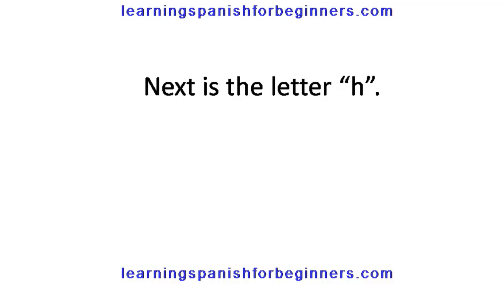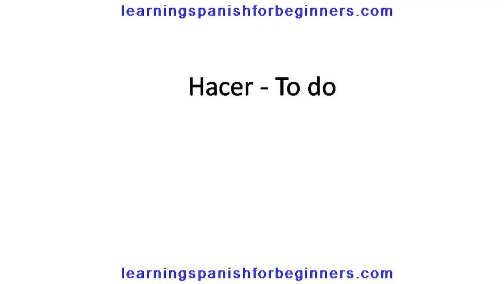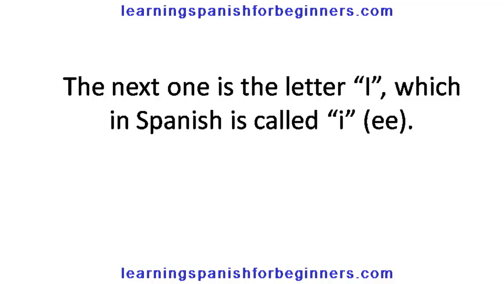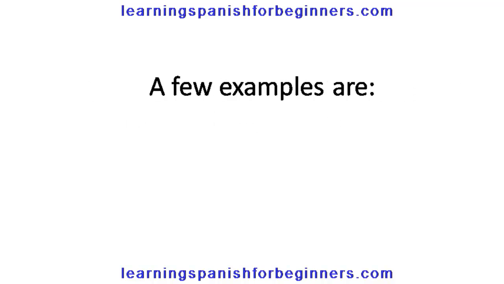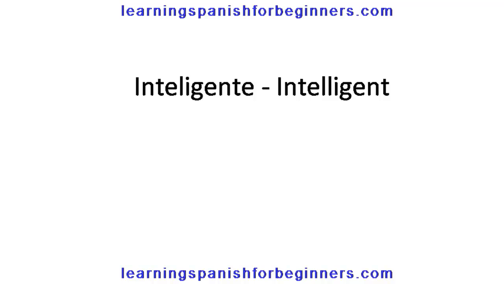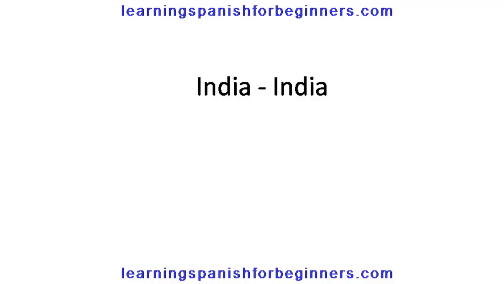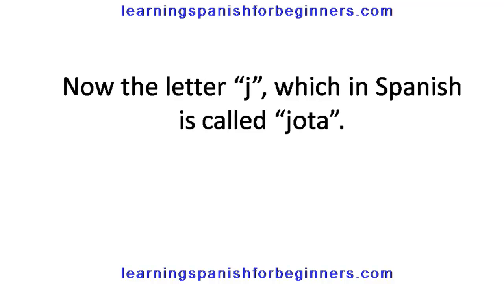Next is the letter H. Hacer, to do. Hablar, to speak. Hogar, home. The next one is the letter I, which in Spanish is called I. A few examples are inteligente, intelligent. Importante, important. India, India. Now the letter J, which in Spanish is called jota.